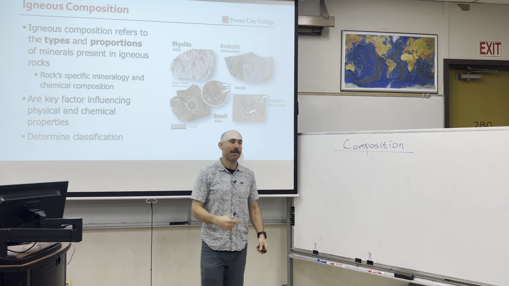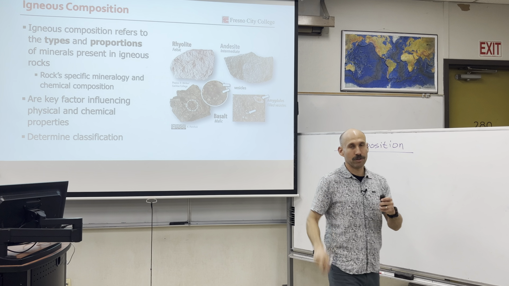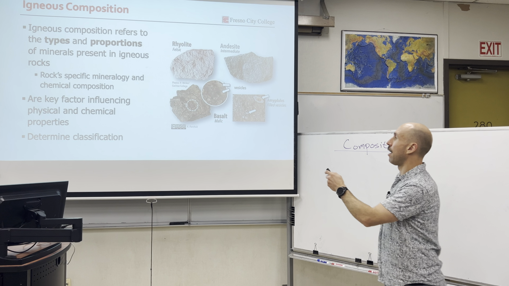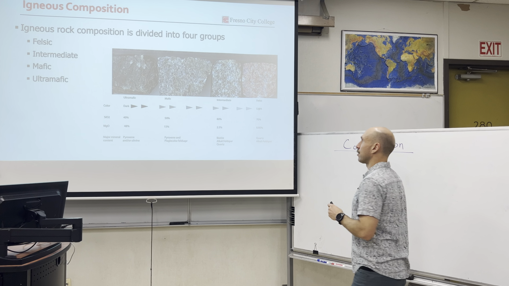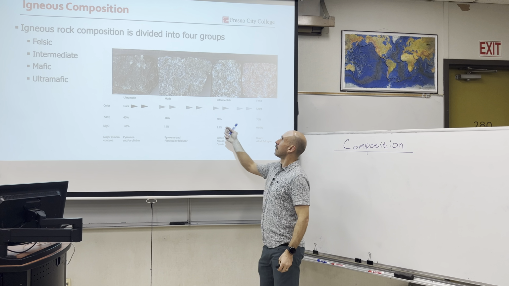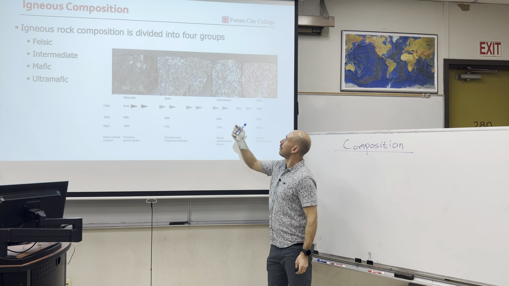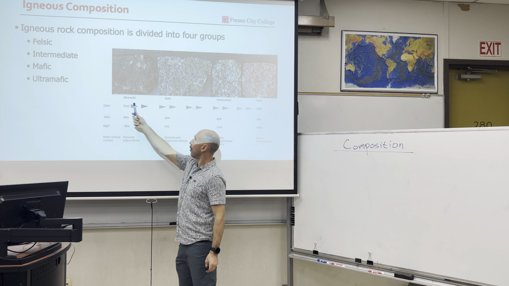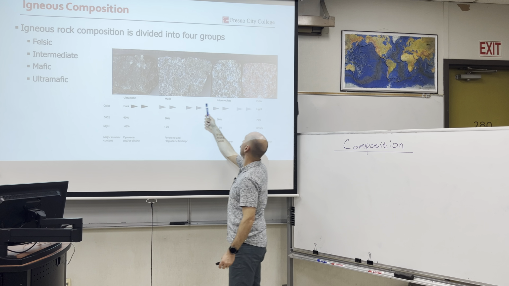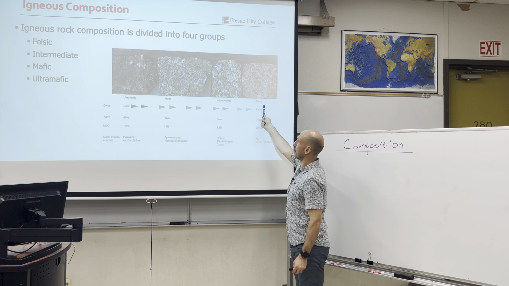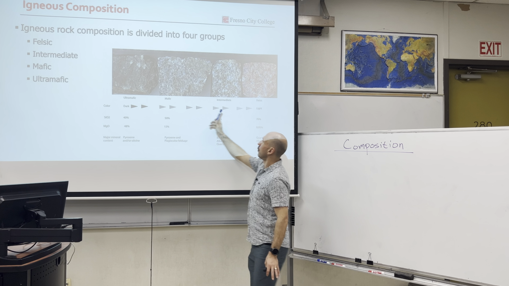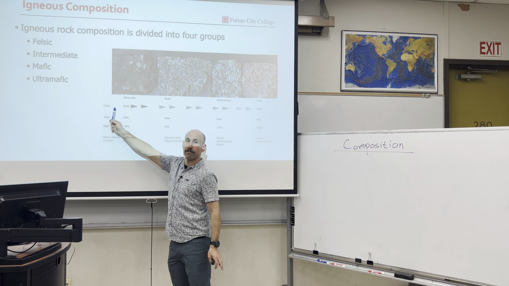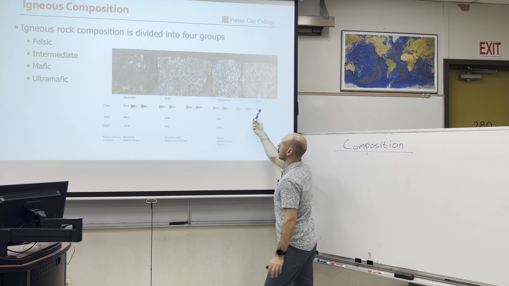As I mentioned, composition is one of our two key determinants of rock classification. Igneous rocks are divided into four groups based on composition: ultramafic, mafic, intermediate, and felsic. We can look at it as the color, from very dark to very light.